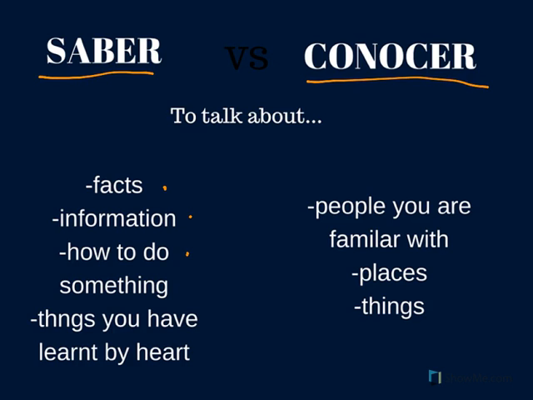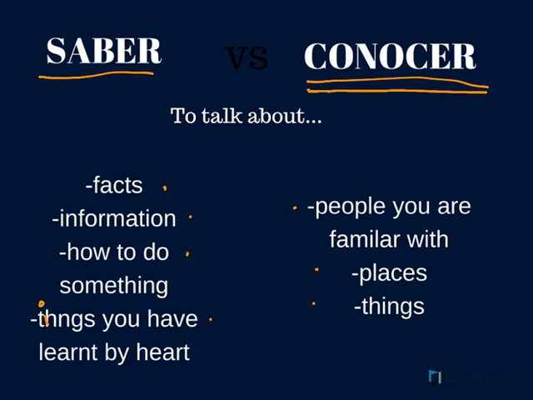Things that you learn by heart. You will use the verb saber, and the verb conocer you will use for physical familiarity. People that you're familiar with, places or things. Note that in all of them there is a connotation of physical familiarity with places, things or people.